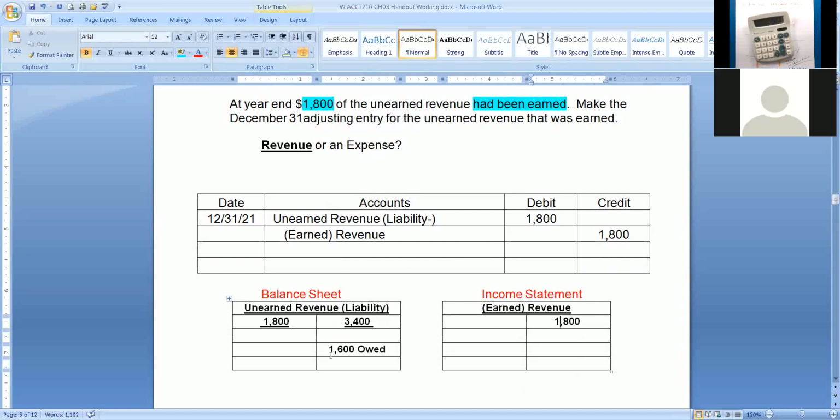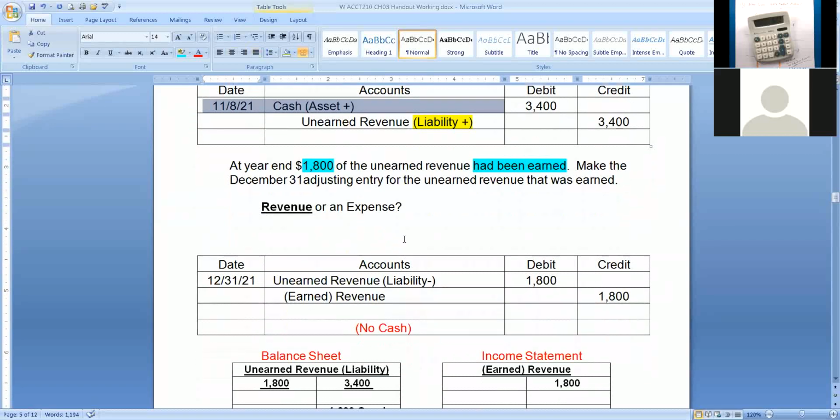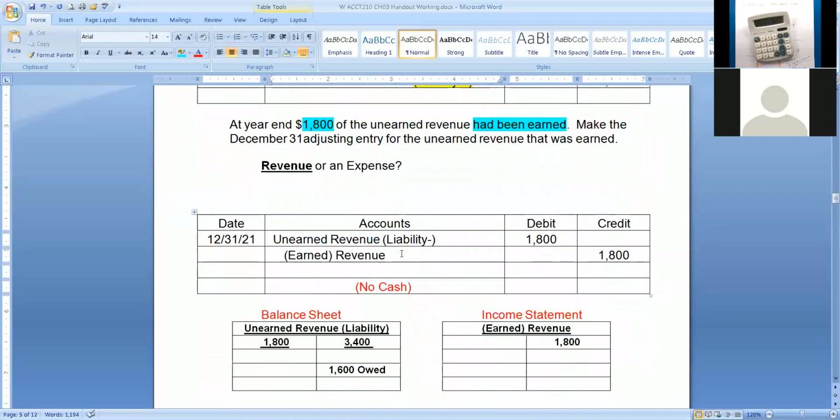In the balance sheet, we'll say we still have a liability of 1,600 until we finish it. No cash. Now, there was cash in the original entry. And actually, if you look at this, the cash was given to us on 11/8. So the cash is already done. So we're not going to do anything with the cash here.